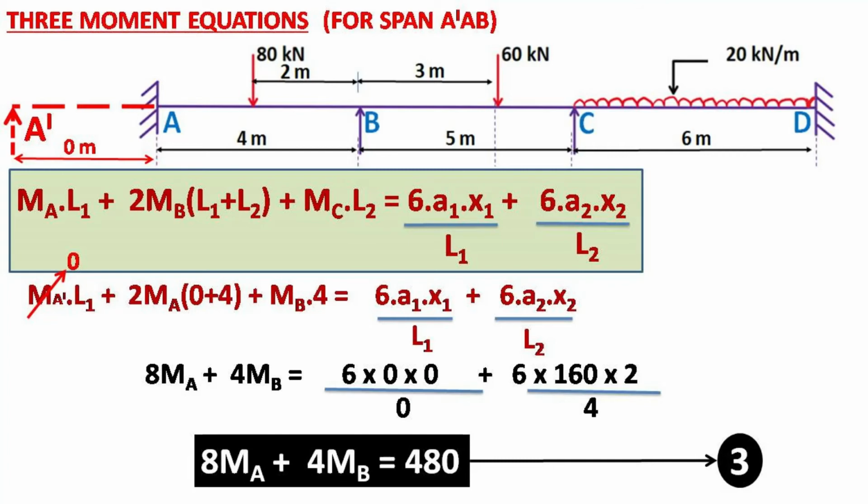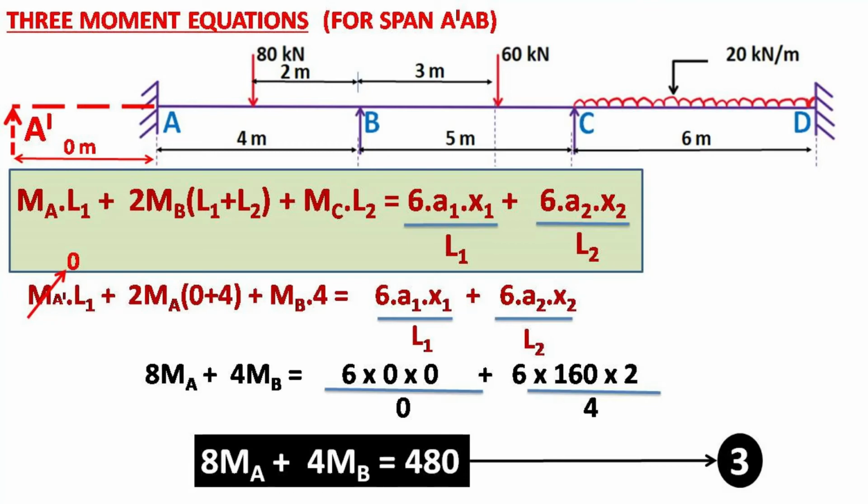Considering span A dash A as 1 and AB as 2, we are substituting all the known values in the equation. Now, the equation becomes 0 times MA dash plus 2MA times 0 plus 4 plus MB times 4 equals 6 times 0 times 0 divided by 0 plus 6 times 160 times 2 divided by 4. Here, x0 is the distance of the centroid of the first figure from A dash and x1 is the distance of the centroid of the second figure from B.